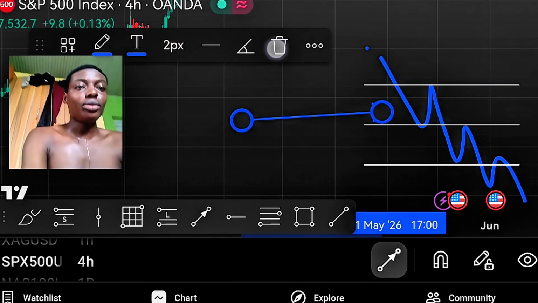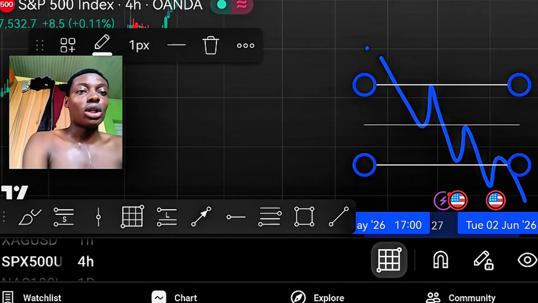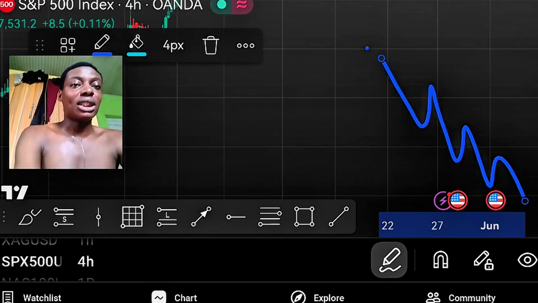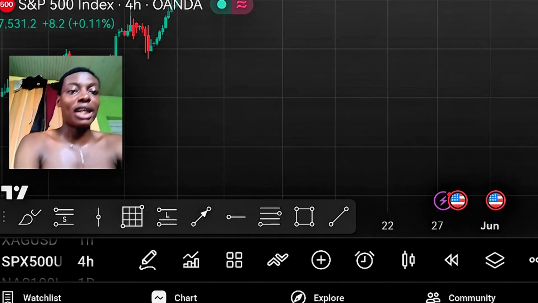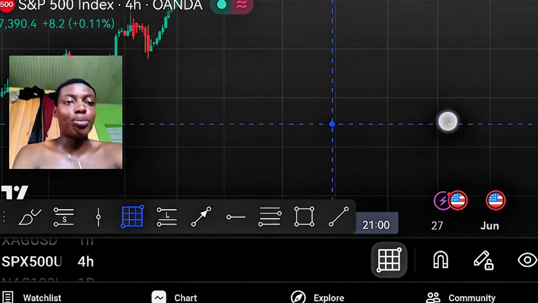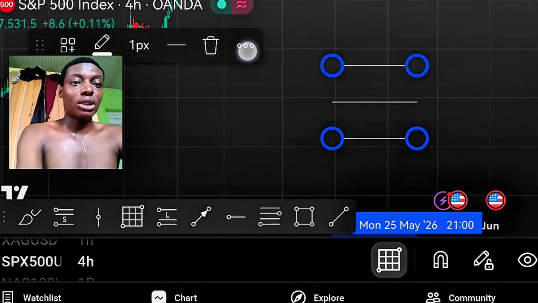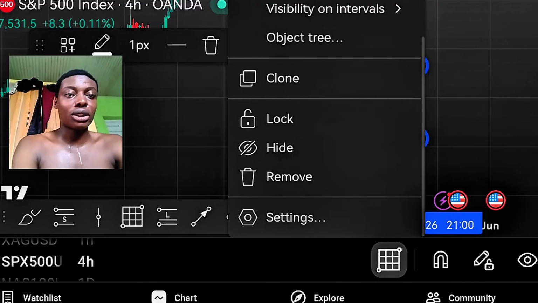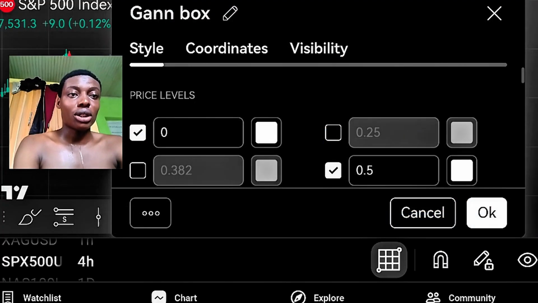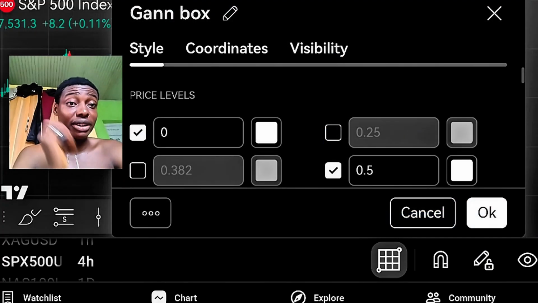So if you want to know my settings on my equilibrium, let me pull it up for you guys. So this is everything I did.